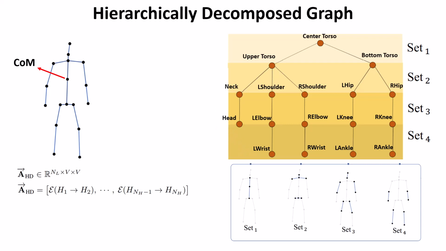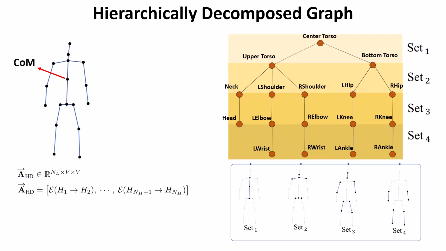But as you might have guessed, having a directed adjacency matrix is not a very efficient thing to do, because center torso always passes the information to upper torso and bottom torso. But how is center torso going to be updated? We don't have anything for it, right? But we should have. We need to have some centripetal sets, meaning some edge sets from the children towards the parents.